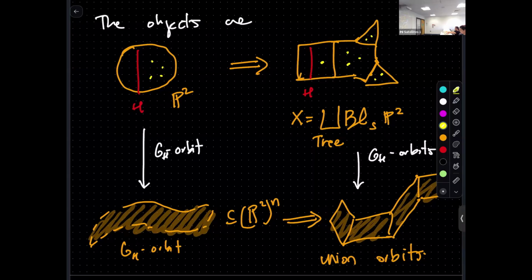This configuration of points in P2 will give you an irreducible orbit generically. Now, the irreducible orbit will break. Think of a conic: it will break into a union of lines. This can break into pieces.